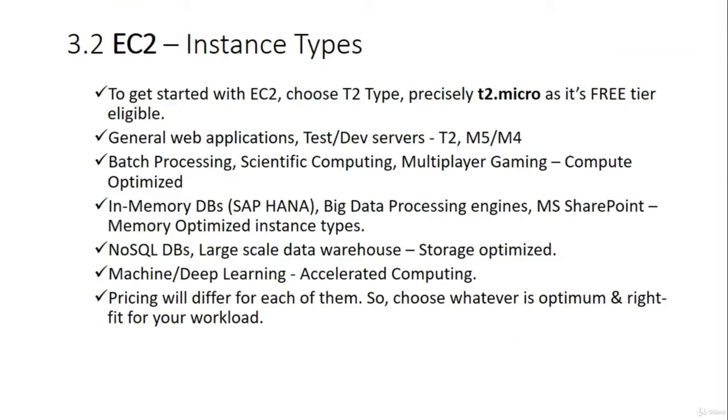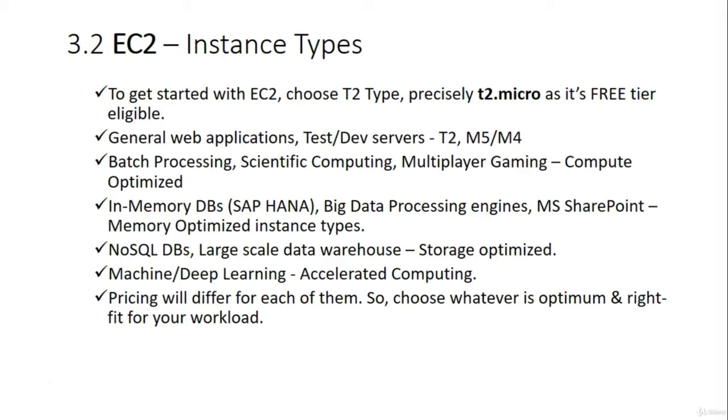To get started with EC2, choose the T2 type, precisely T2.micro, as it's free tier eligible. General web applications or test and development servers can be done with T2, M5, M4 types. Batch processing, scientific computing, multiplayer gaming, etc. go well with the compute optimized family type.